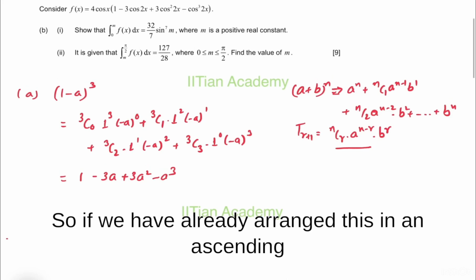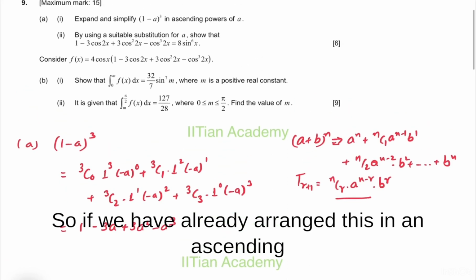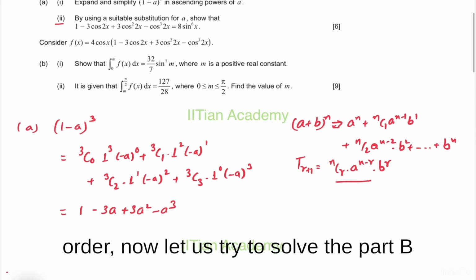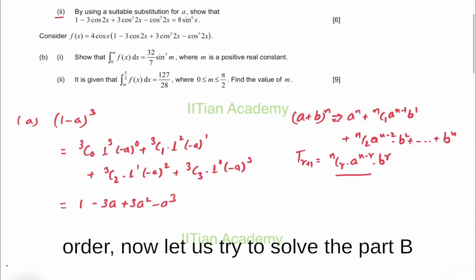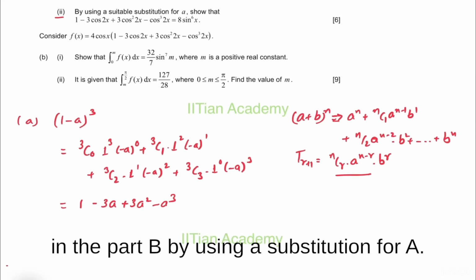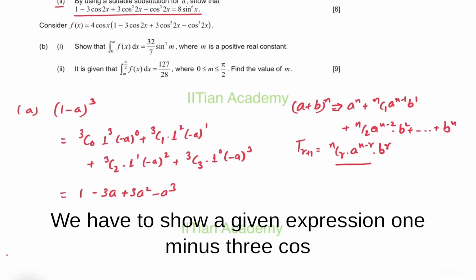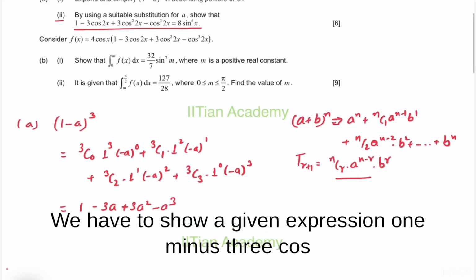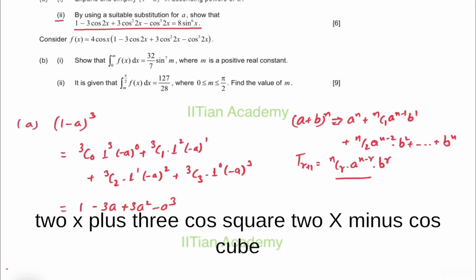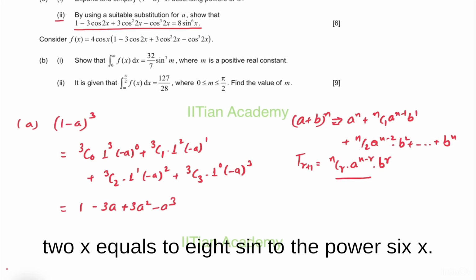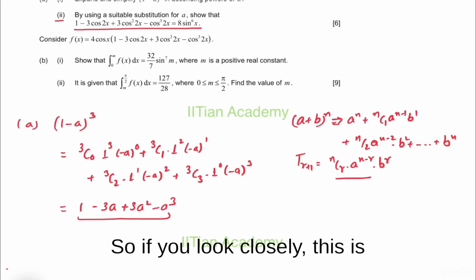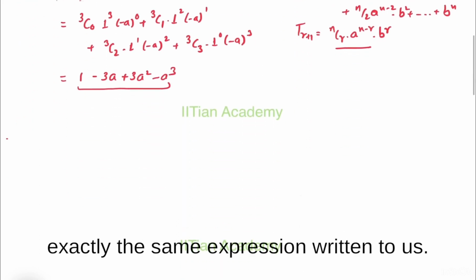This is the expansion we get from (1 - a)^3, already arranged in ascending order. Now let us try to solve part B. By using a substitution for a, we have to show that 1 - 3cos2x + 3cos^2(2x) - cos^3(2x) equals 8 sin^6 x. If you look closely, this is exactly the same expression.